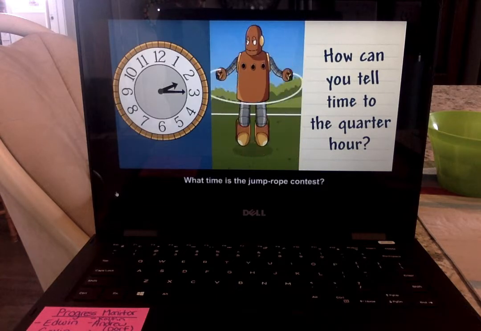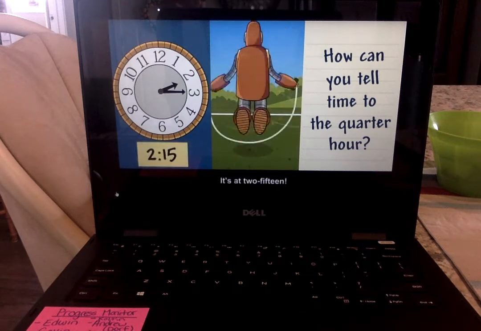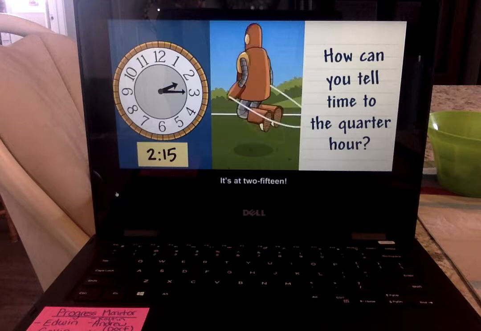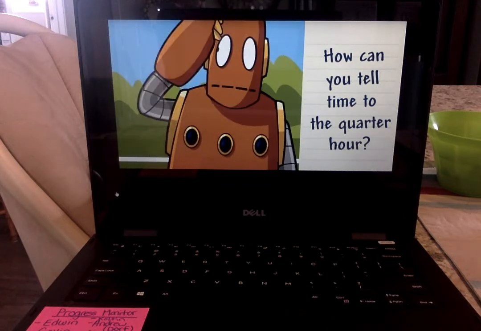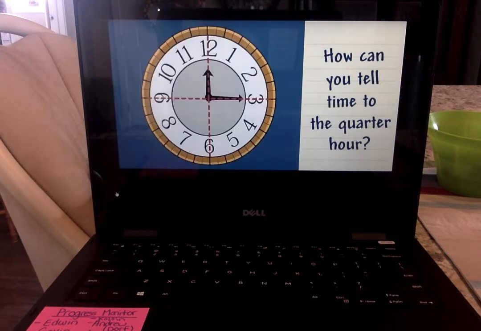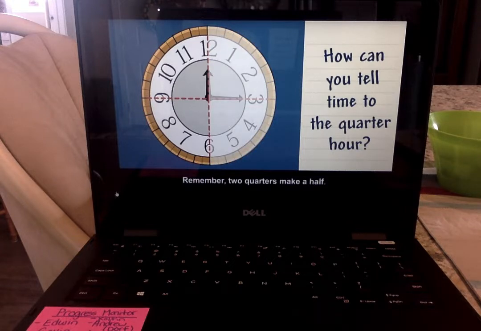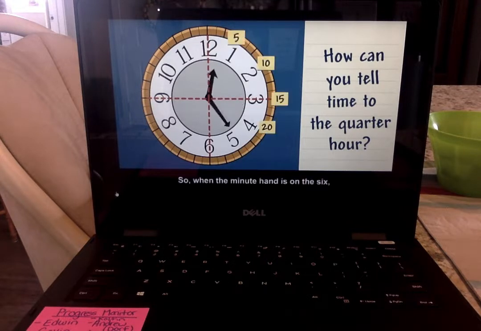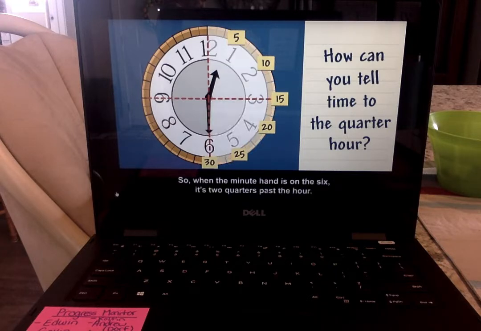What time is the jump rope contest? It's at 2:15. Remember, 2 quarters make a half. So when the minute hand is on the 6, it's 2 quarters past the hour.